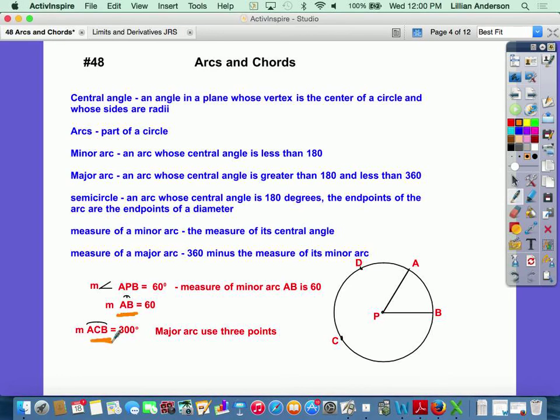Major arcs are written with 3 letters. And honestly, they really will tell you the direction in which you go, okay? So if it's 2 letters, you know it should be less than how many degrees? 180. So that's why you know you're going from here to figure out that minor arc. A major arc has 3 points. You go from A to C to B. That's how you also know that it should be a major arc, more than 180. Make sense? Cool.